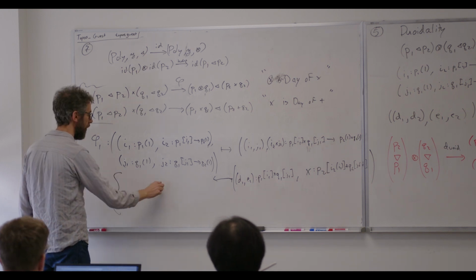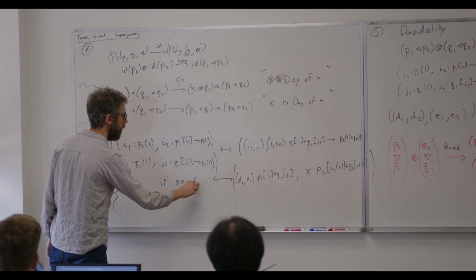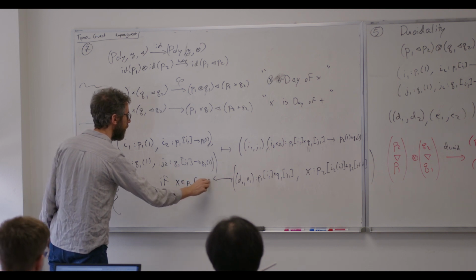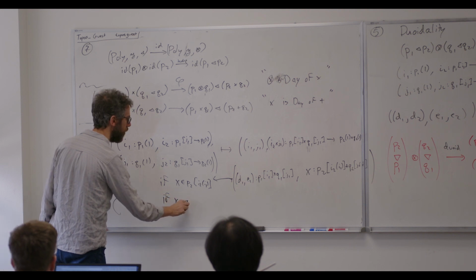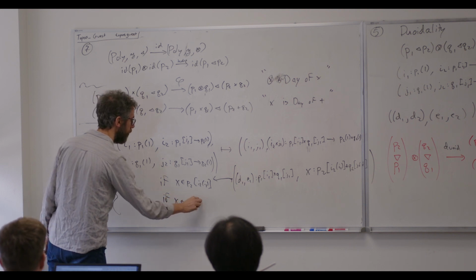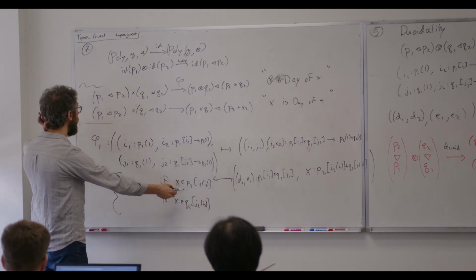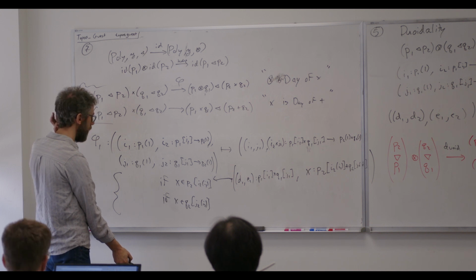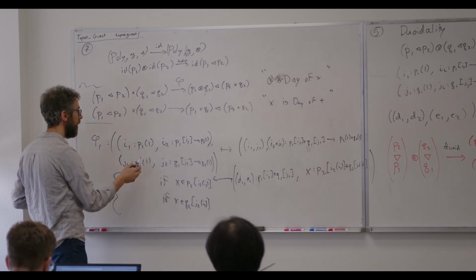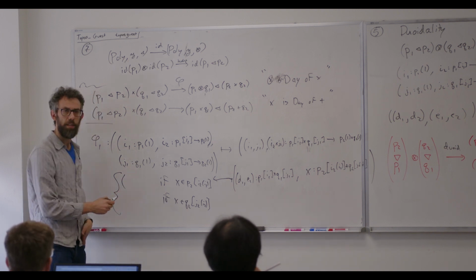So if X is in P2 of I2 of I1, then do one thing. But if X is in Q2 of J2 of I2, do a different thing. If X is in the P2 side, did I do a thing? No, I missed. If X is in the P side, then use, any ideas?